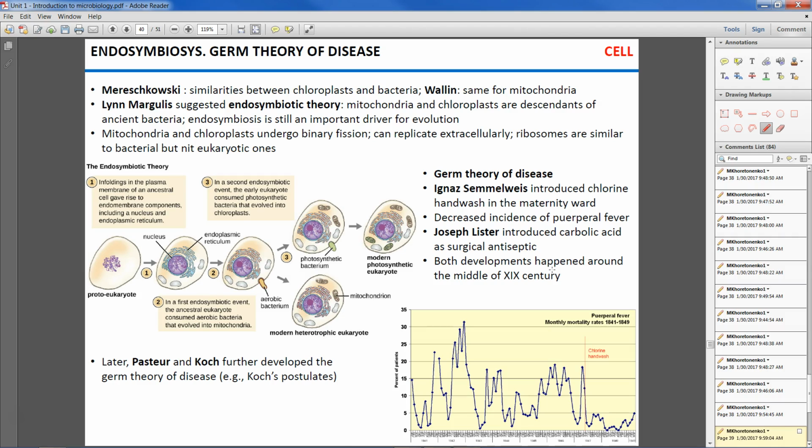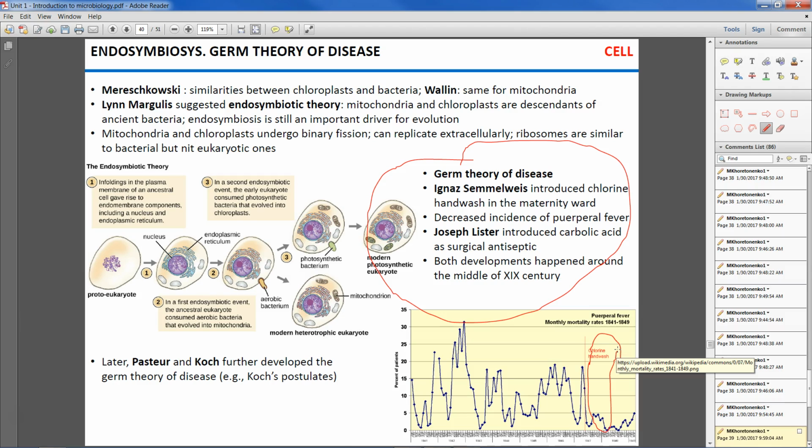Now, as we talked about this, so cells, no spontaneous generation, well, good. What about germs? We discussed it already, so I'm not going to stop and talk about it that much. We talked about Ignaz Semmelweis. You can see when he introduced the chlorine wash, the number of cases of puerperal fever in the maternity ward dropped.